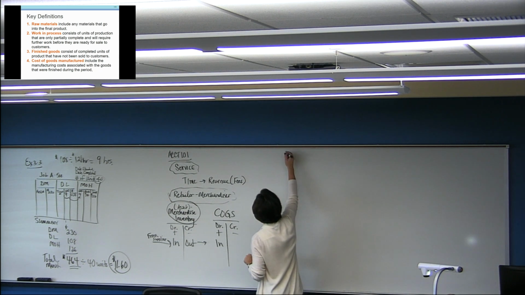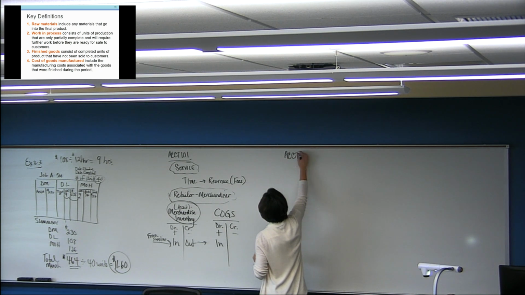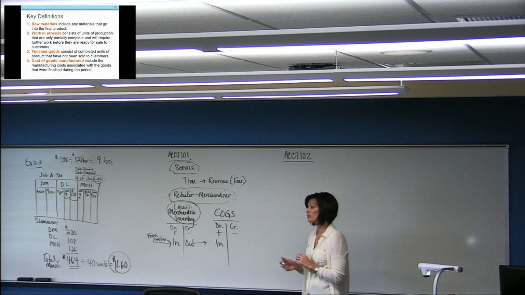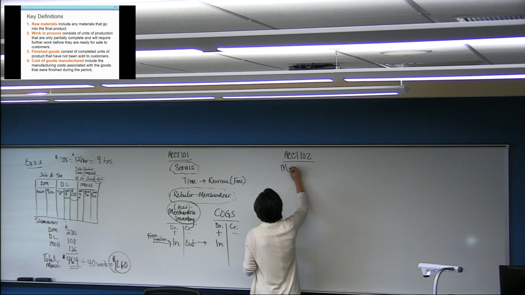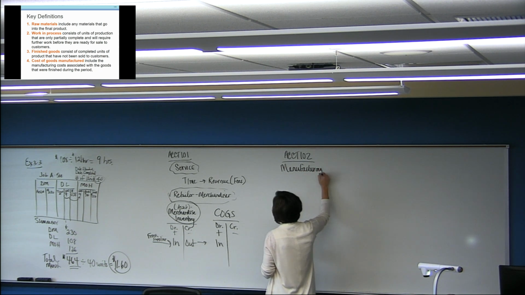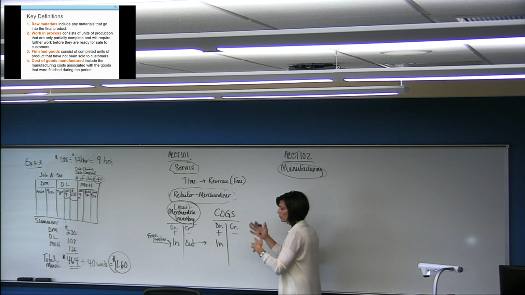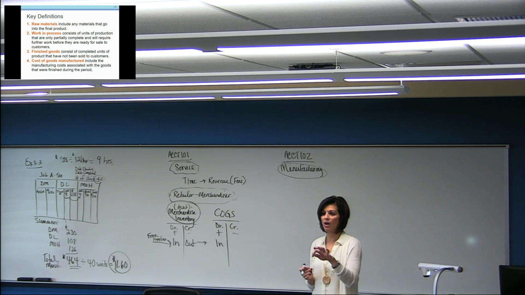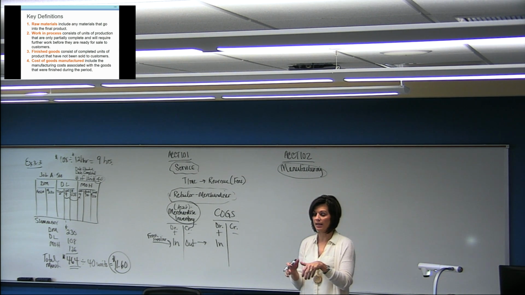So we move on to Accounting 102, which is where we are, in case you forgot. And now we're talking about manufacturing firms. And we use manufacturing firms because they make their own products, and it's pretty much the most complex form if you're comparing them to the other two. That doesn't mean that the concepts that we're learning in this class can't be applied to a service business or a retail business.